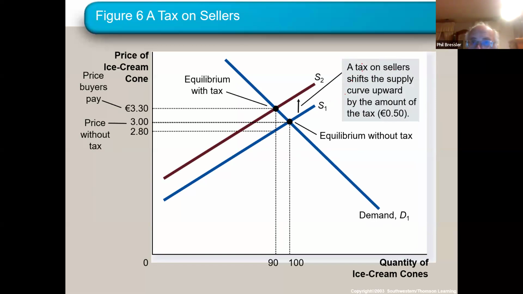So that's 3.30 minus 2.80, which is 50. Okay. The tax is 50 cents with this line. Consumer was paying $3, is now paying $3.30, so they're paying 30 cents. I said the tax is 50 cents altogether. The producer must be paying 20. Okay. This test is all you need to know.